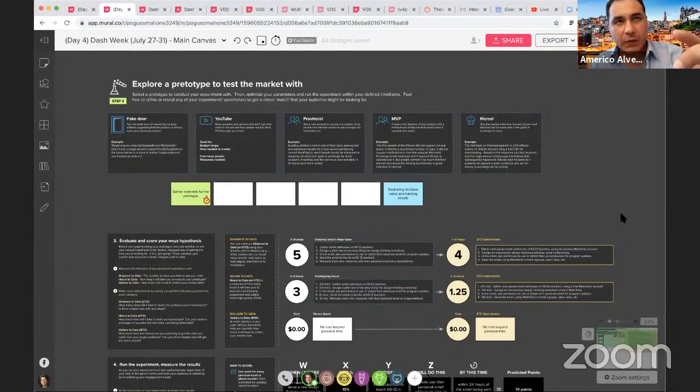The team has to have an understanding that I'm going to build a fake door or something on YouTube. I have to know where the ending point is. So in the meantime, we can decide what steps we need to build to reach that prototype.